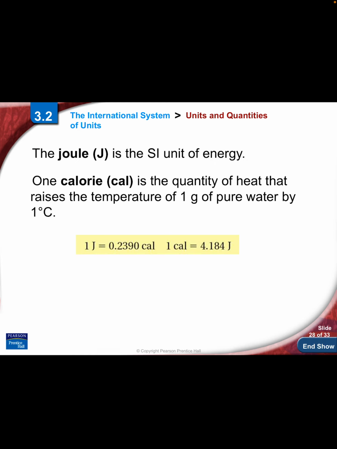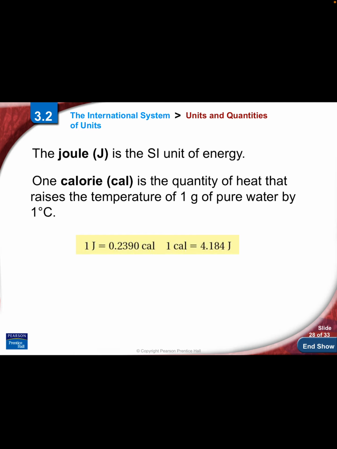This calorie is not the same as the calorie we talk about in human biology and nutrition. When you look at how many calories something has on the side of the package, for example, a can of Coke, that calorie is technically a kilocalorie or 1,000 of the calories we're talking about here.